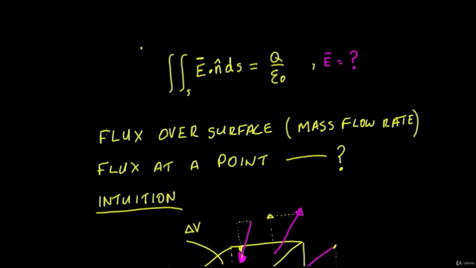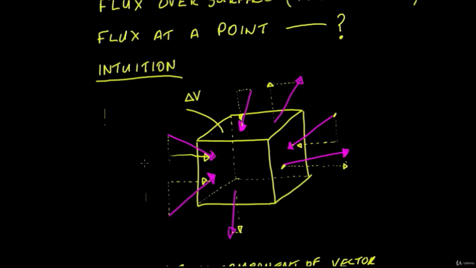So if we think about flux in the way we originally derived it in terms of a mass flow rate, then let's imagine we had some little volume of space, drawn out as a little cube, and it's sitting in some vector field, so it could be sitting in some sort of flow, some sort of liquid. And the arrows that are pointing here represent the arrows of the vector function.